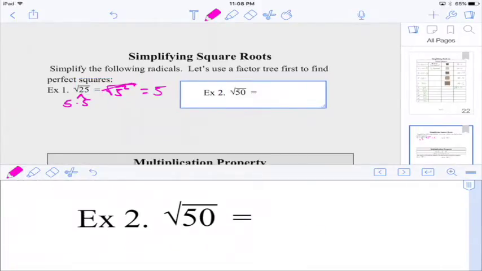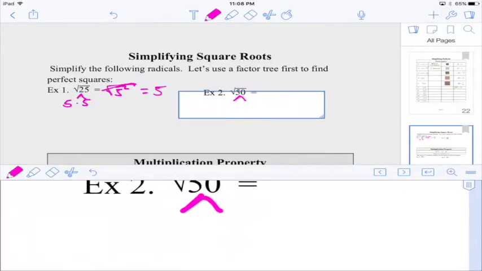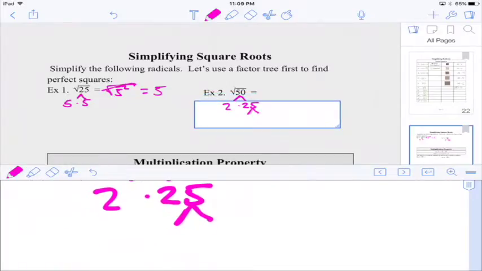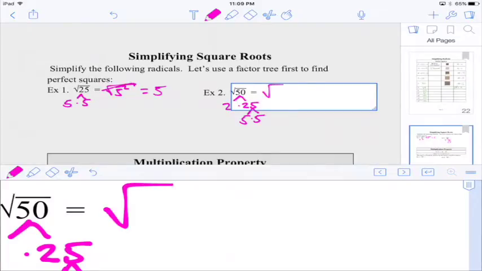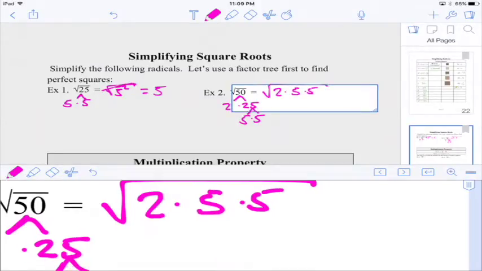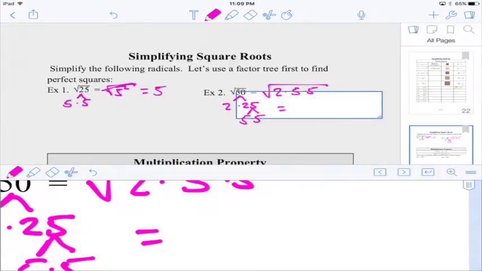So 50 we could break into a factor tree of 2 times 25, and then the 25 could be broken down into 5 times 5. So under my radical, we could say 2 times 5 times 5, which is the same thing as saying 2 times 5 squared.